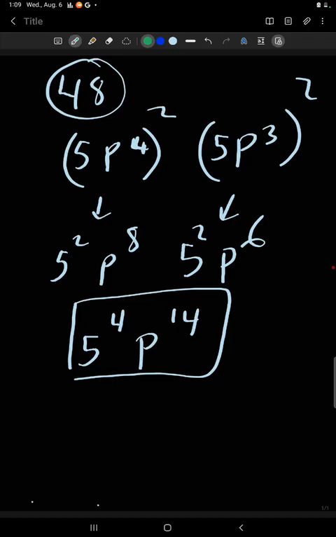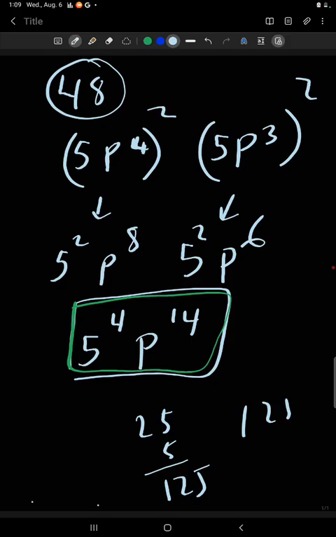Now, with regards to what 5 to the 4th power is, let me do the quick calculation here. 25 times 5, that's 125. 125 times 5 is 625.